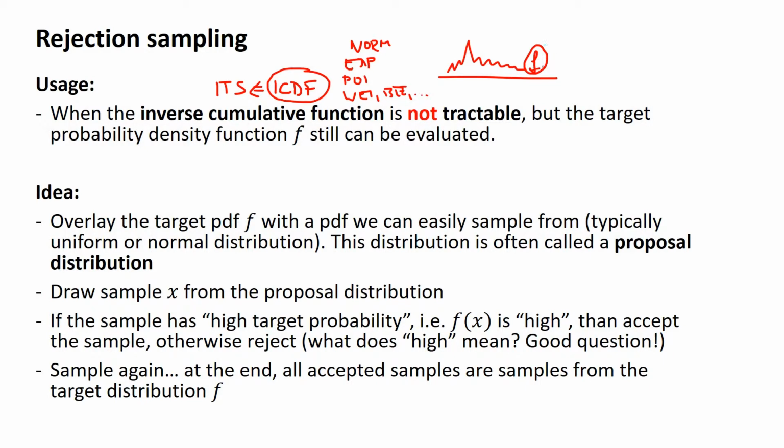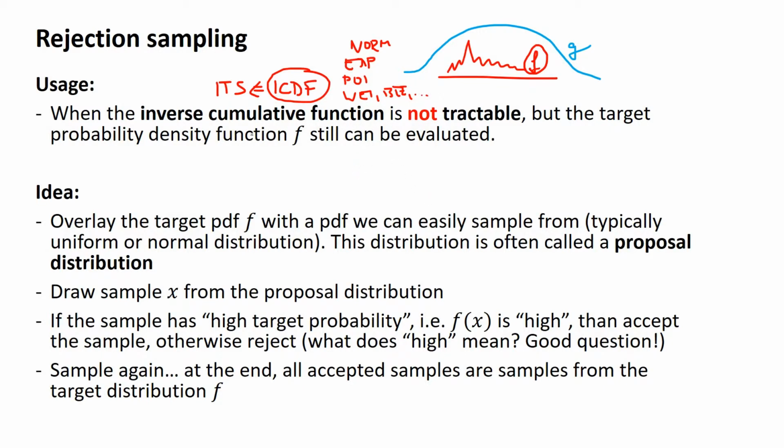So instead of sampling from it, which we cannot do, we will overlay this f function with some other density function from a distribution we know how to sample from. Let's call it g, and let it be a normal distribution, something we can sample from, or a uniform distribution, doesn't matter.